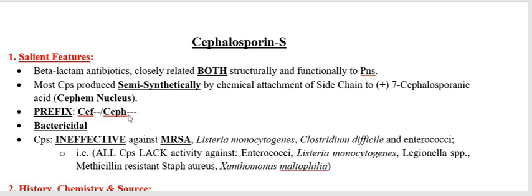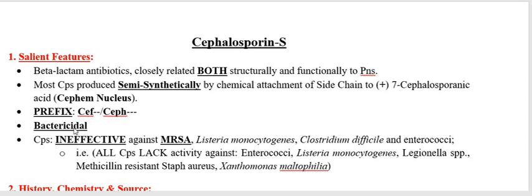In case of cephalosporins, the drugs that belong to this group all possess the prefix Ceph, C-E-F or C-E-P-H. So the majority of drugs that belong to the cephalosporin group possess the prefix Ceph. This is about the salient features.